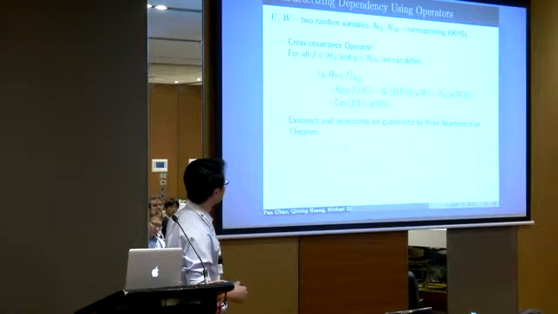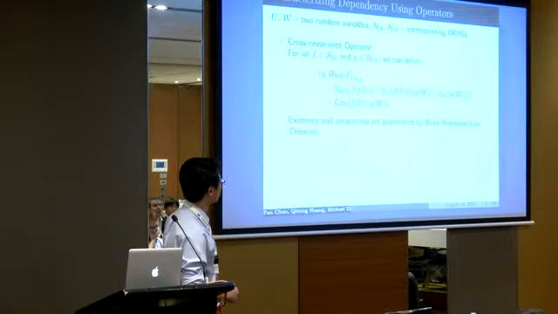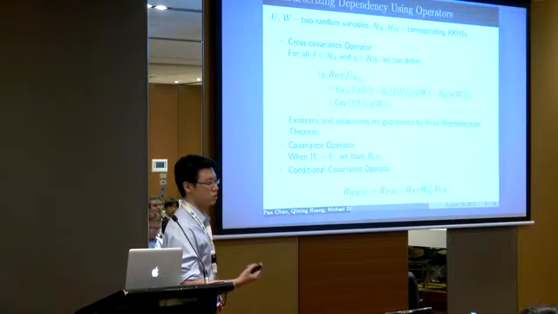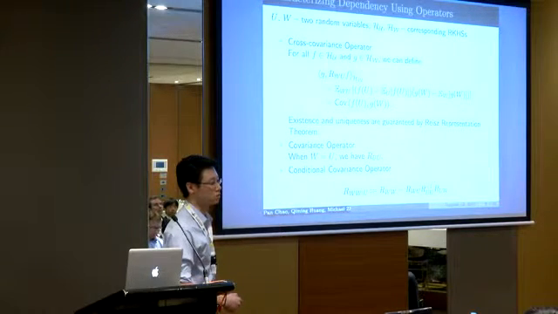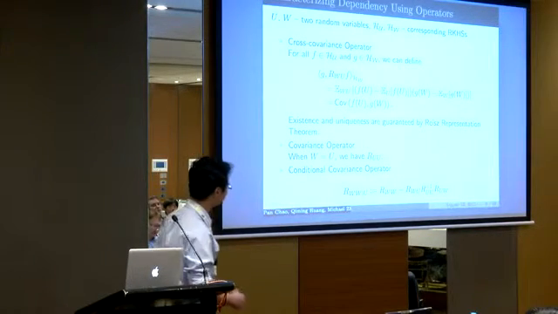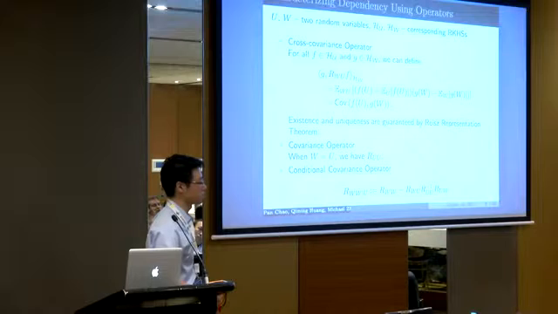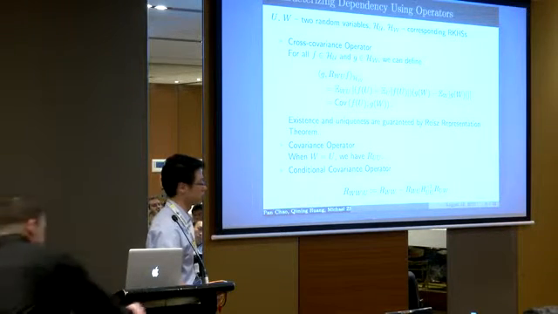Here are the definitions for the cross-covariance operator and the covariance operators. Basically, the cross-covariance operator is just the covariance matrix in the functional domain space. We also rely on the conditional covariance operators, which are defined in terms of covariance and cross-covariance operators.